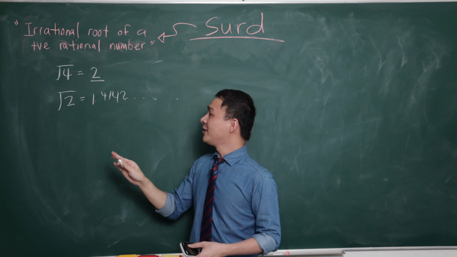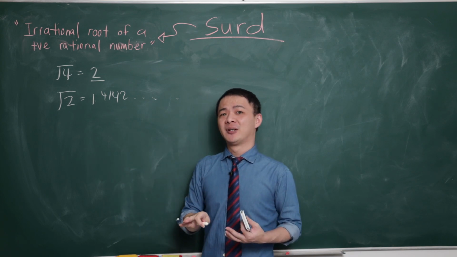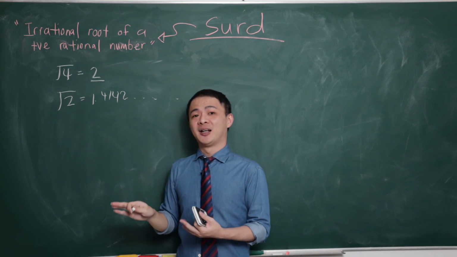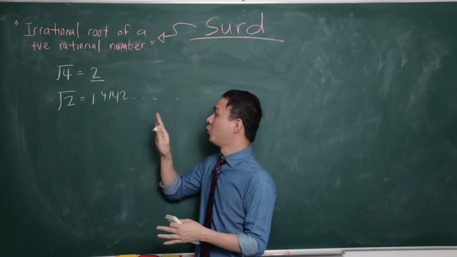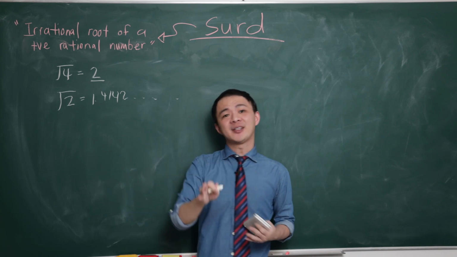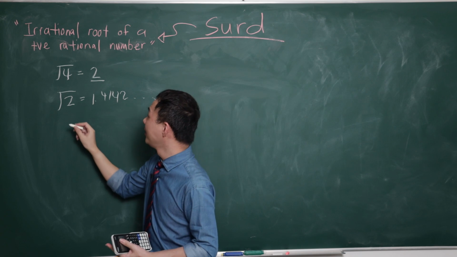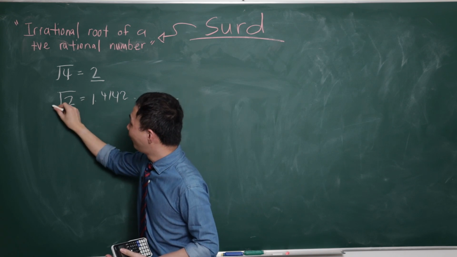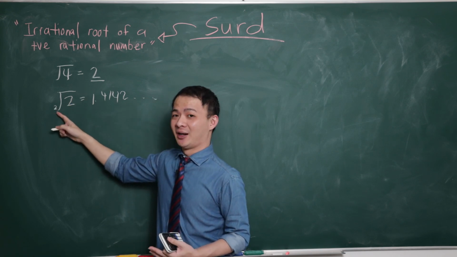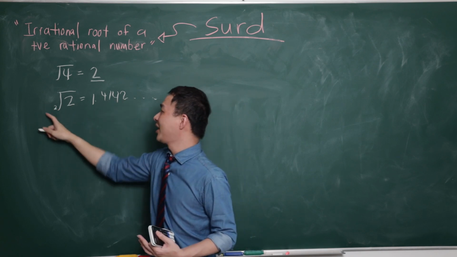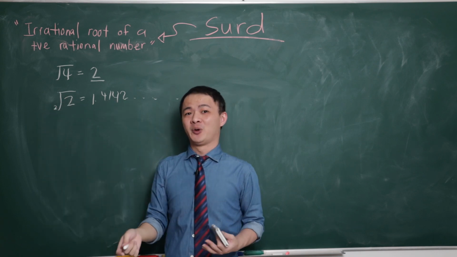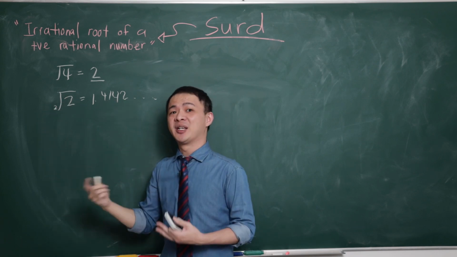So basically in SPM or IGCSE, you will only focus on what we call quadratic surds. Quadratic surd means your root here, the power is always 2. Because if you call it a surd, here can be any power as long as it's a positive integer bigger than 1.